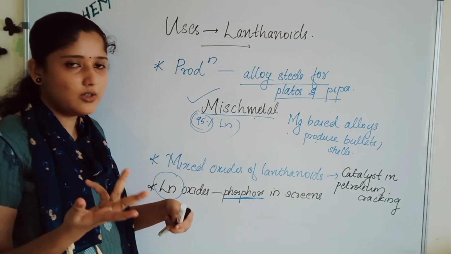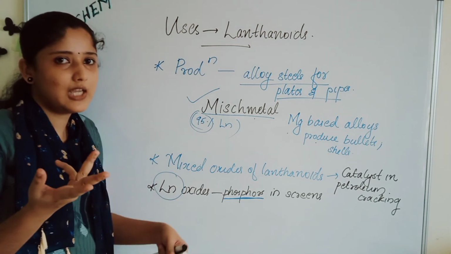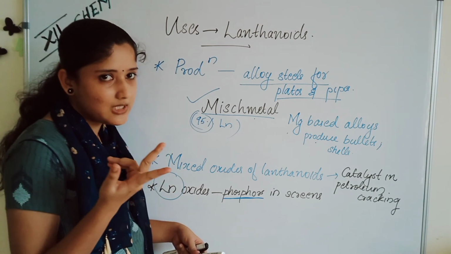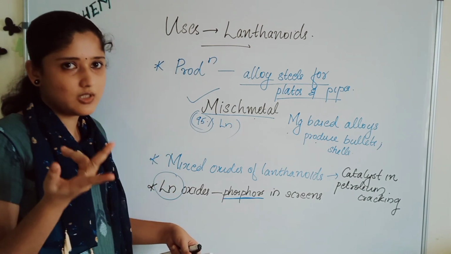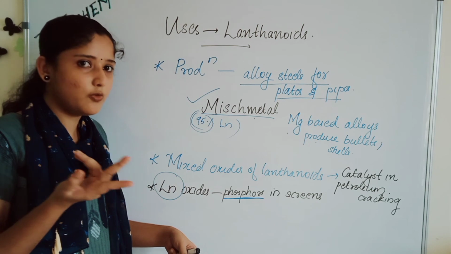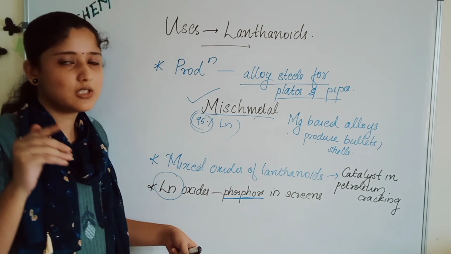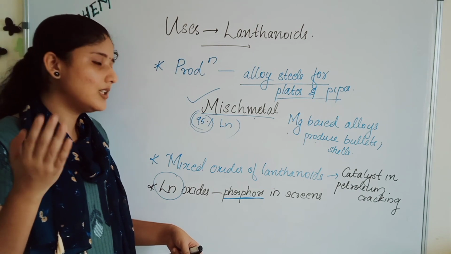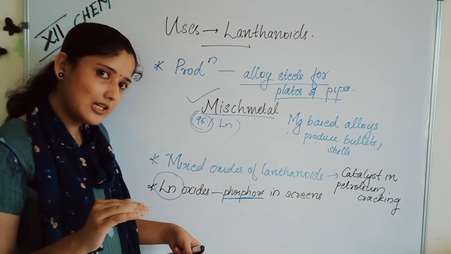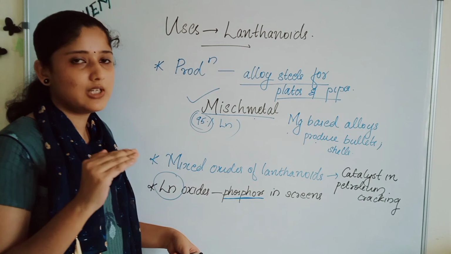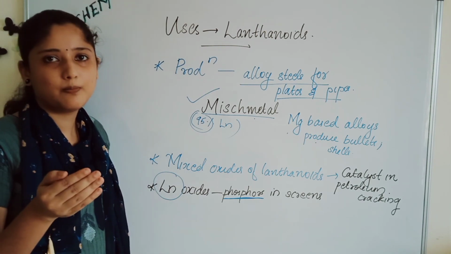One is in alloy steels for plates and pipes. Next is mish metal. What is its use? It is used in magnesium based alloys for making bullets and shells. Next, they are used as phosphors in screens, and the other use is as a catalyst in petroleum cracking to increase the fuel supply.